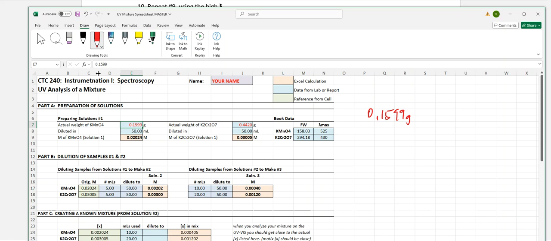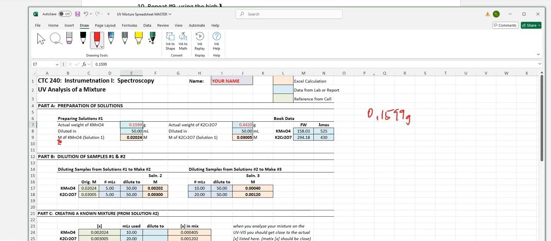All right. So 0.1599 grams, we can't do anything with grams. We need to get to molarity, because that's what this actually says over here, right? Molarity of the concentration. The target was 0.02. So did I get something close? I hope that I did when I do this calculation. So we'll see. So how do we calculate that?